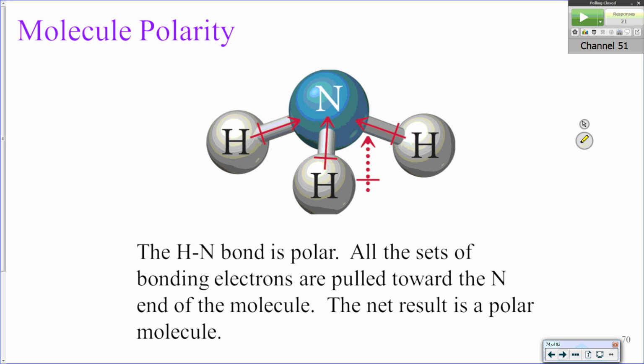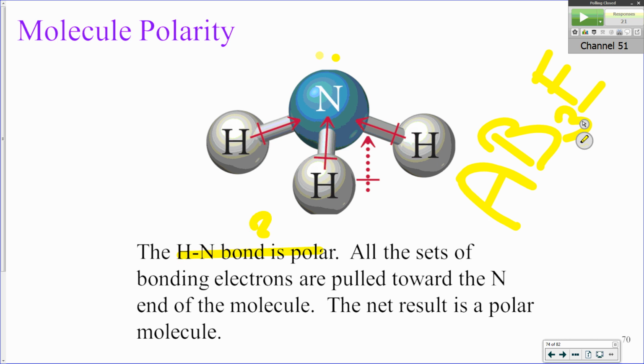Another example of a polar molecule is what happens with the structure of ammonia. Ammonia is an AB3E because there's a lone pair of electrons on the nitrogen atom. So now what happens with this? It's trigonal pyramidal. So the NH bond is a polar bond. So you've got 2.1 for hydrogen, and go over and count nitrogen.